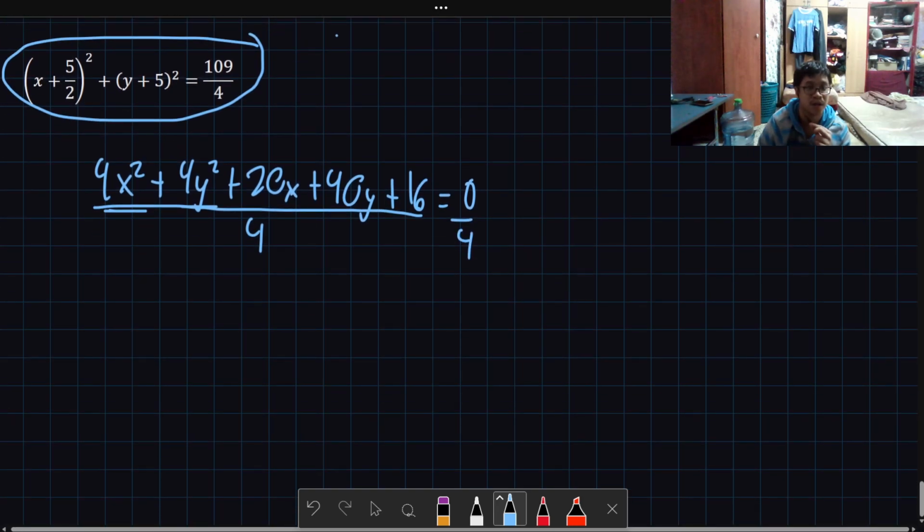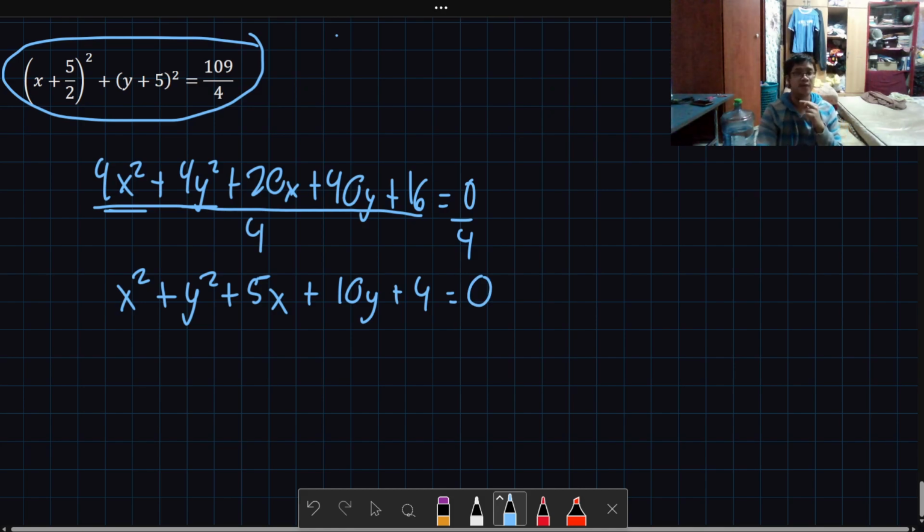On the left, 4x squared divided by 4 is x squared, plus 4y squared divided by 4 is y squared, plus 20x divided by 4 is 5x, and 40y divided by 4 is 10y, plus 16 divided by 4 gives you 4. And on the right side, 0 divided by 4 is just 0.